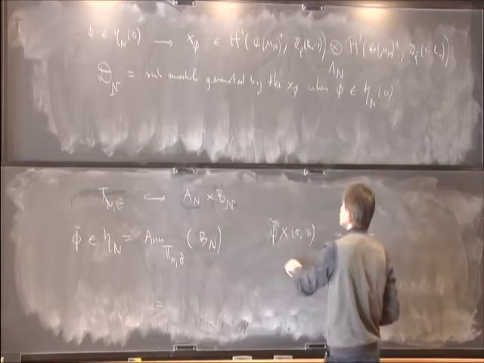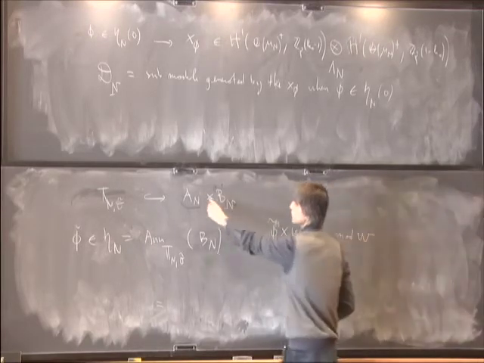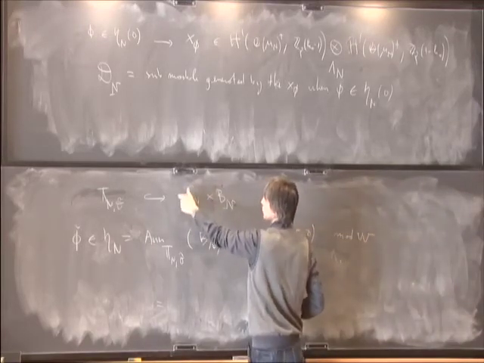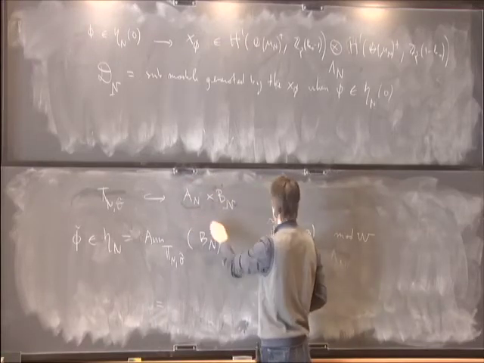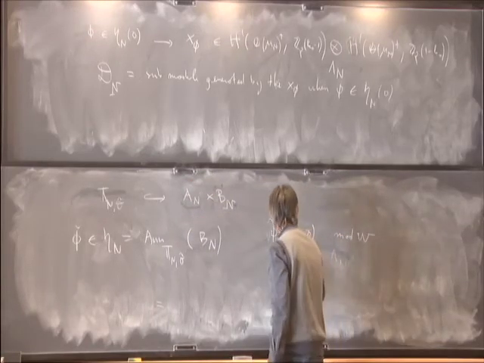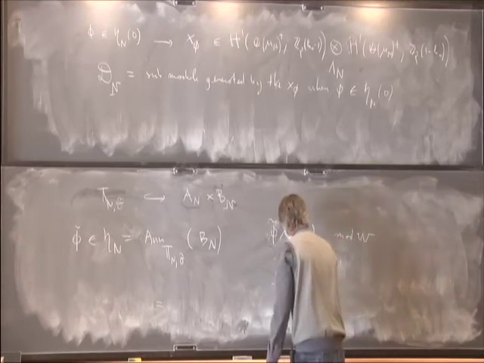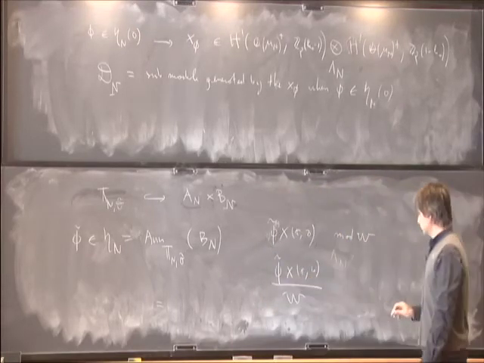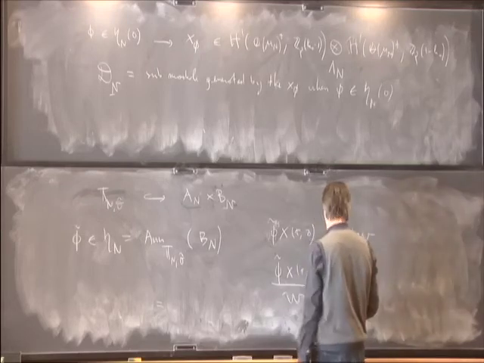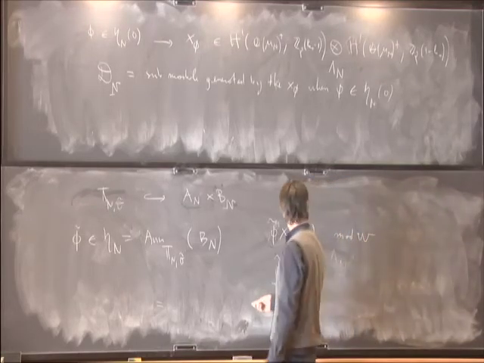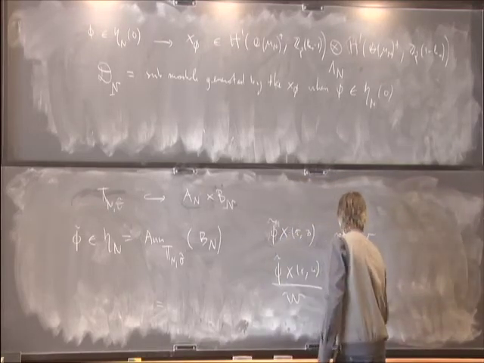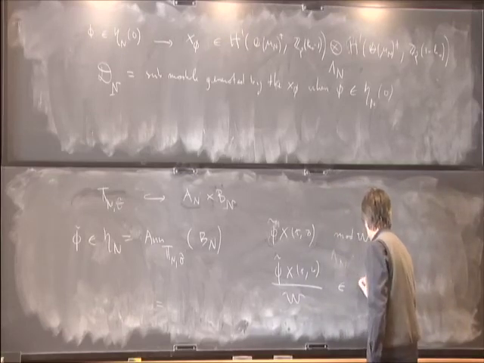So this element is going to be 0 modulo W because all the components here are restricted to Eisenstein points. So what you do is that you look at phi tilde of x sigma tau, and you divide by W, and you can check then that this belongs to O delta n.